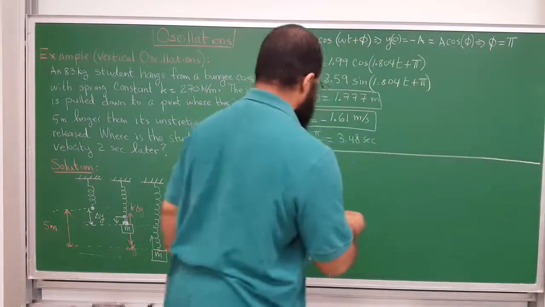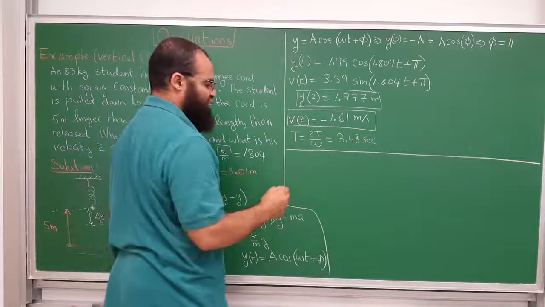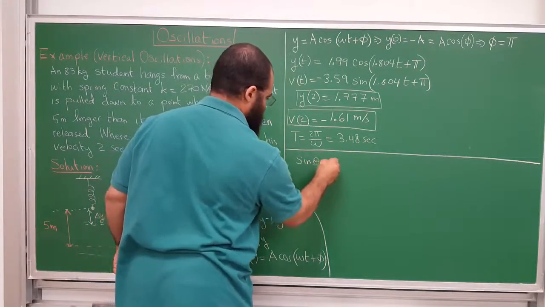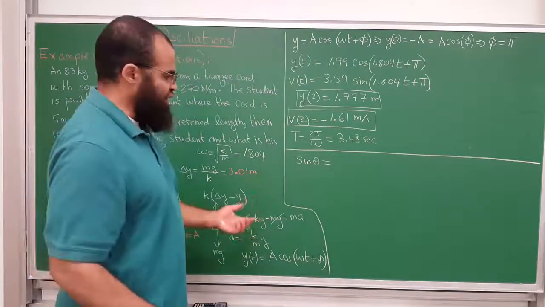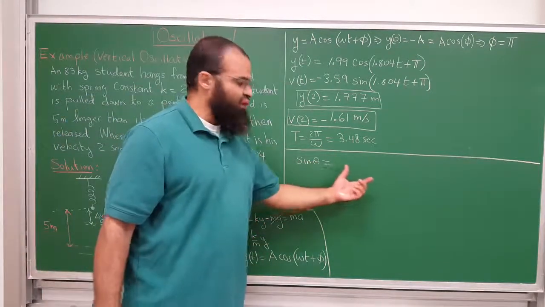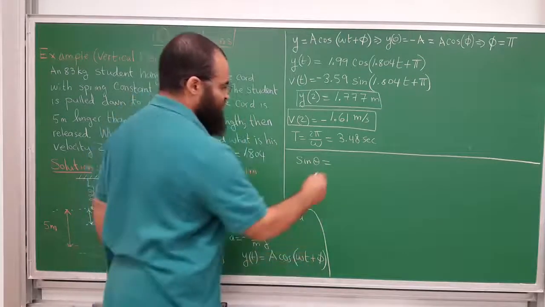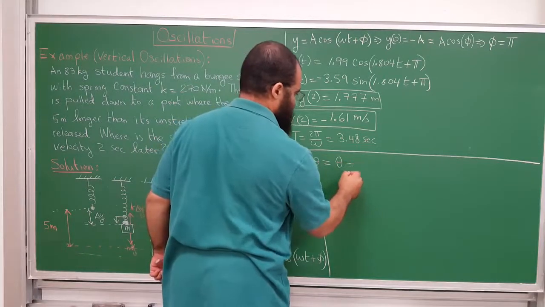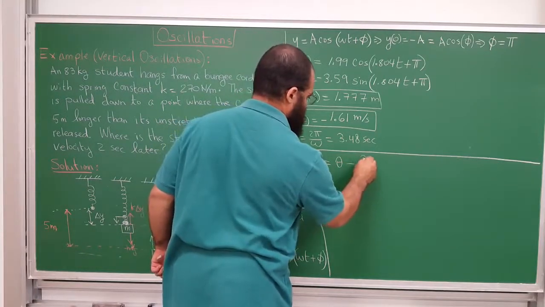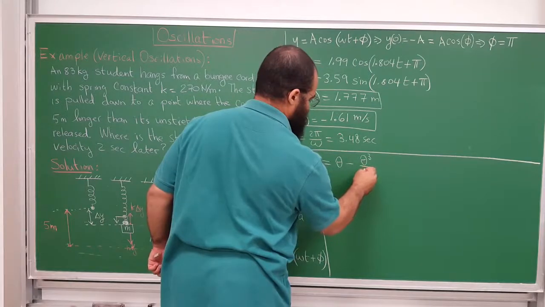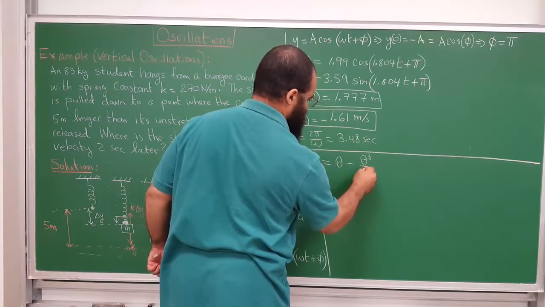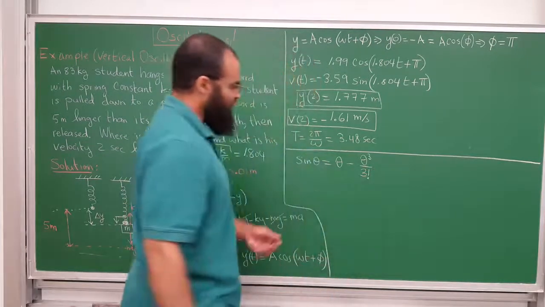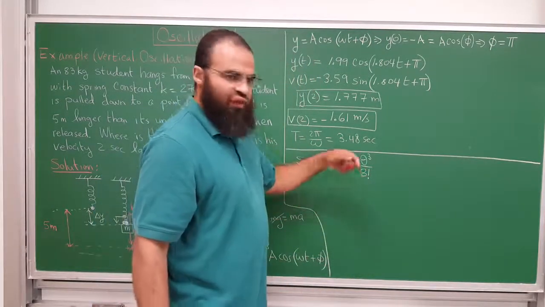Let me just show you something. First of all, we're going to use an approximation here. The sine of theta, if theta is in radians, can be written as an infinite sum. It is equal to theta minus theta cubed over 6, which, if you like, you can write 6 as 3 factorial, because 3 factorial means 3 times 2 times 1.